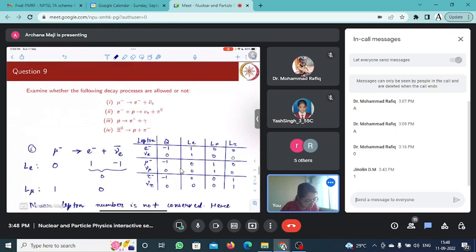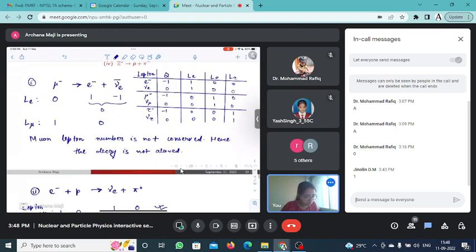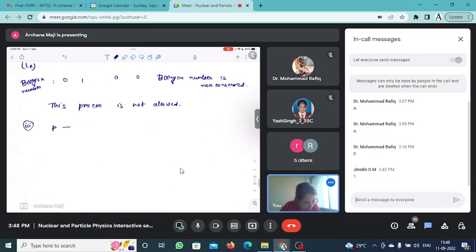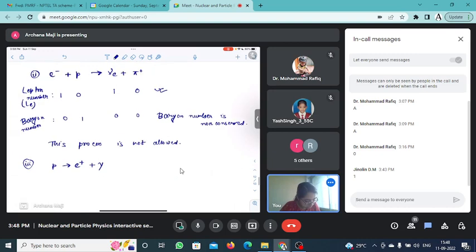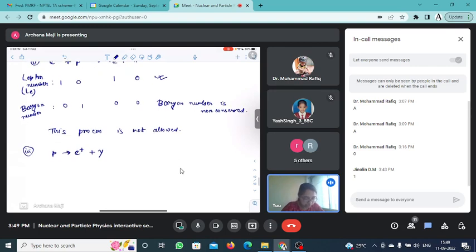Third one, proton decaying to positron plus photon. So here, just by looking at it, you can see that on the left hand side there is no lepton number. So lepton number is also violated, as well as baryon number will also be violated, because on the left hand side you are having proton.